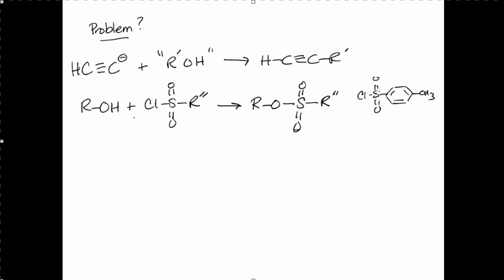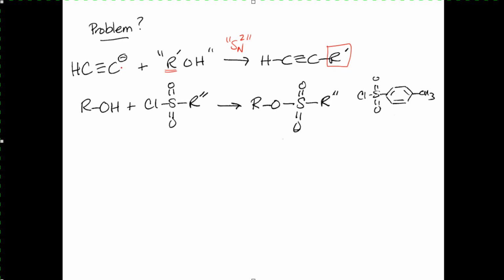So let's say I wanted to do, basically, I'm going to put this in quotes, an SN2 reaction of an alkynyl anion with the alkyl group of an alcohol. I would like to alkylate that alkynyl anion.